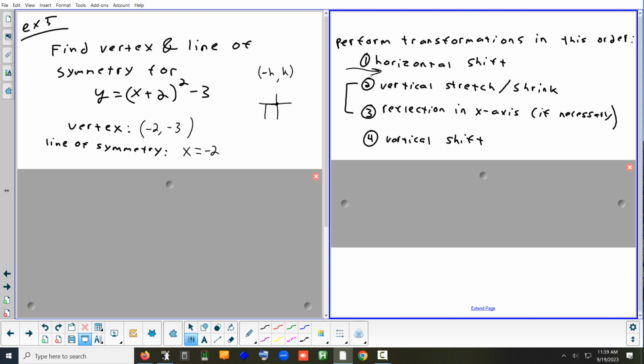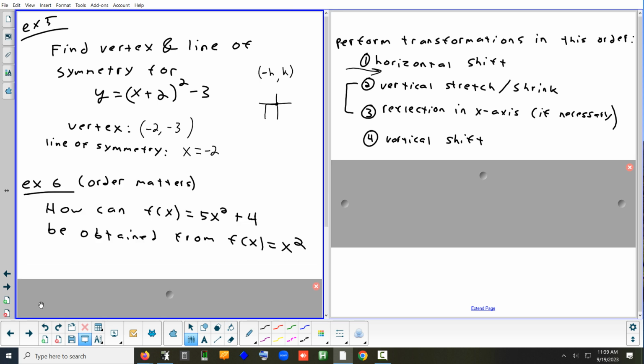And I put this bracket here because technically you could switch the order you do 2 and 3 in, and it wouldn't matter. I wouldn't get used to just switching things because some things you switch and it does mess it up. So I would just stick with that order. And the last thing we do is any vertical shifts. Remember, that would be adding or subtracting on the end.